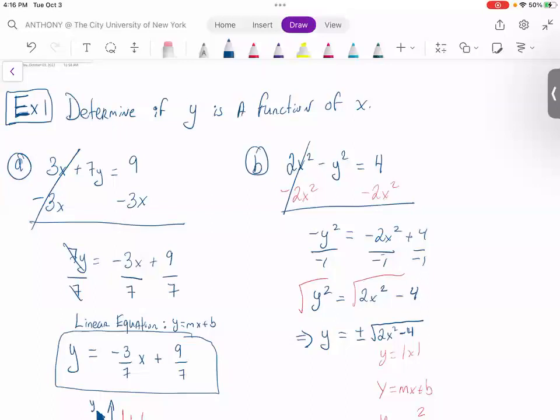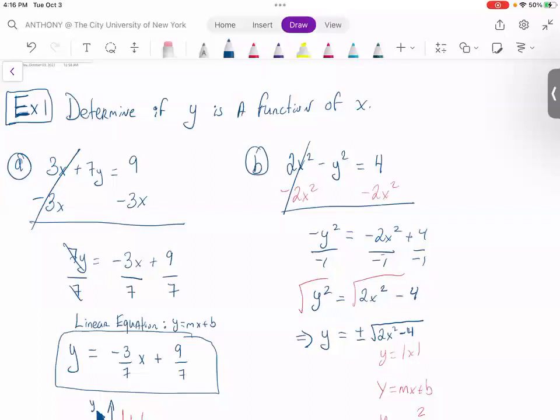Like for example, if you make x equals 3, what's 3 squared? 9, right? 9 times 2, 18. 18 minus 4, 14. Now, 14 is not a perfect square, but you'll get something like the square root of 14, but plus or minus square root of 14. That implies that you have 2 solutions for one. You have 2 values for y for every x value, right?